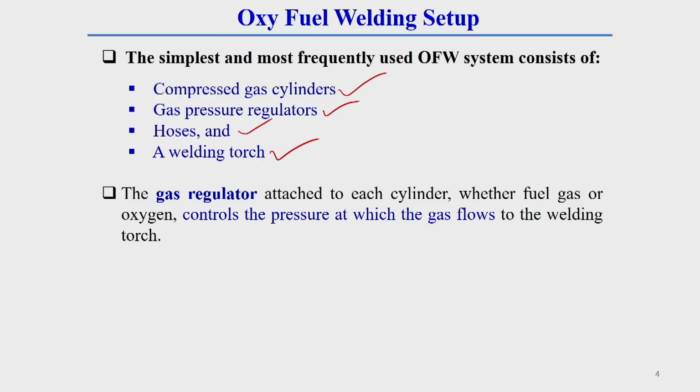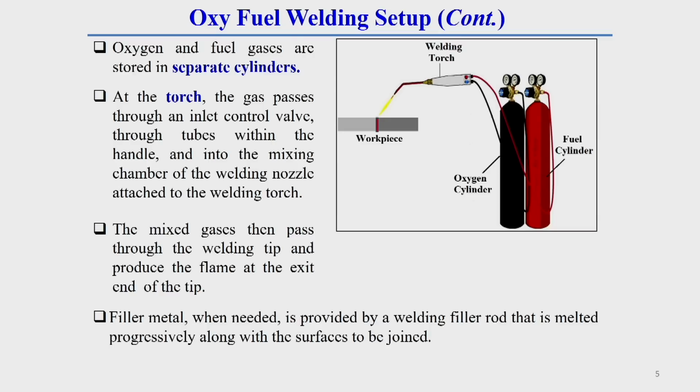Now we will discuss the setup in detail one by one, then subsequently its categories and different types of flame, then the application, limitations, advantages, and safety precautions, everything about oxy-fuel welding techniques in this lecture. Here this figure represents the oxy-fuel setup.